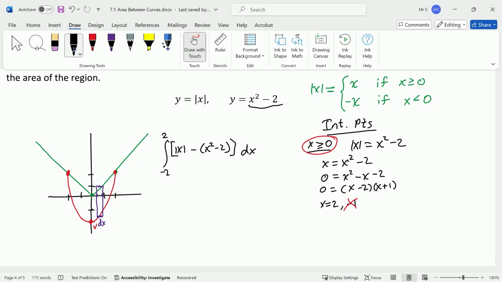Now, the tricky part here is if I want to integrate the absolute value of x, I actually have to split up my integral on this bound for x greater than or equal to 0 and x less than 0, so that I can use each version of the definition on each appropriate domain. But because these are even functions, when we take the integral of an even function from -a to a, we can bypass that a little bit and just double the integral from 0 to 2.